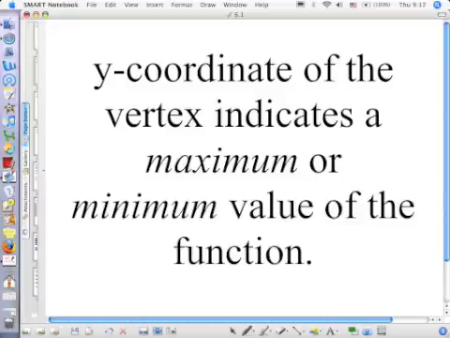The y-coordinate of the vertex tells us if there is a minimum or maximum value, and it tells us what that minimum or maximum value is.